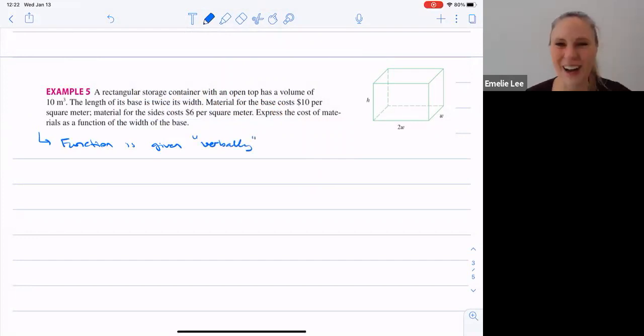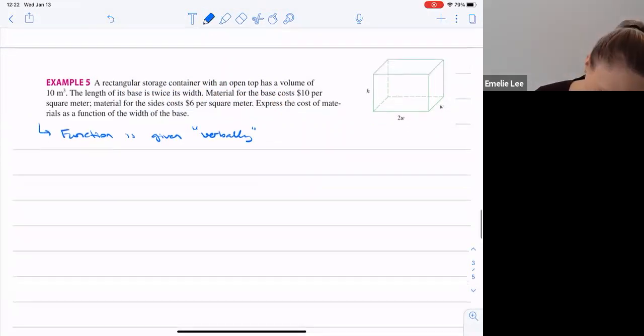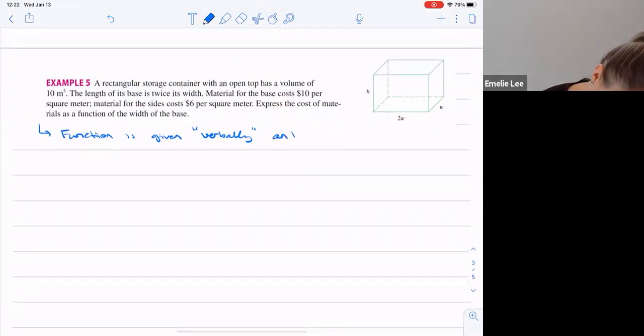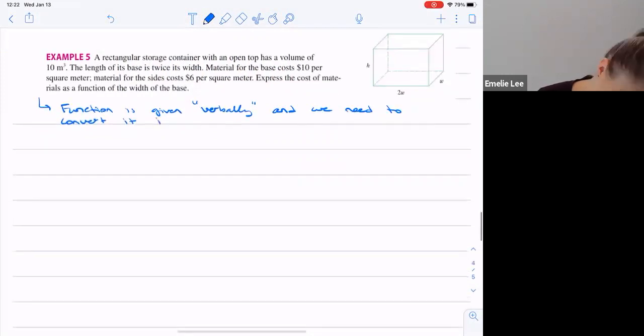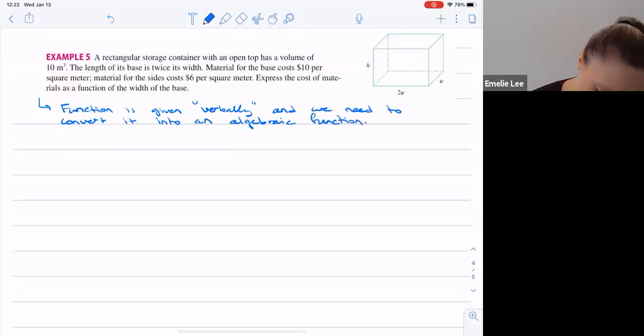Maybe I'll put air quotes around verbally. It's written, it's not verbal. Function is given verbally. And we need to convert it into an algebraic function. Okay.